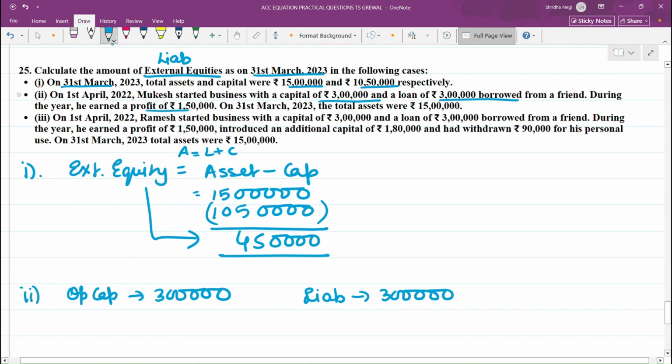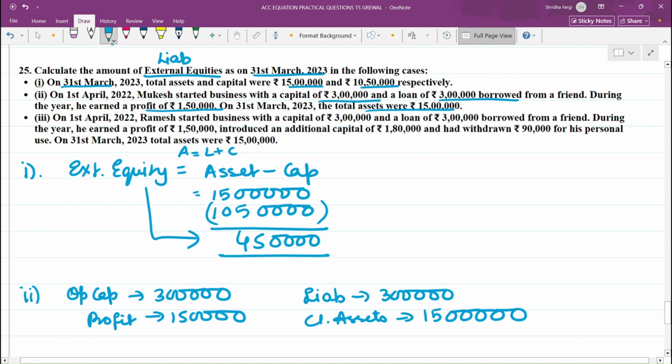During the year he earned a profit of 1,50,000. तो profit कितना है during the year? It is 1,50,000. As on 31st March the total assets were 15 lakh. तो closing assets आपके कितने हैं? What is the assets value on the last day of the financial year? It is 15 lakh.